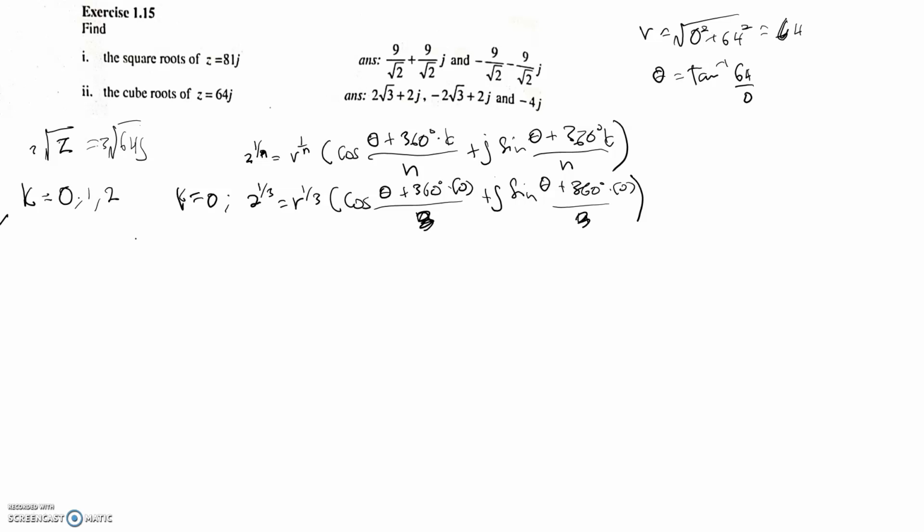But we can still figure out something: in our Argand diagram, the x is at 0, and the 64 will be along the y-axis. Basically, it is 90 degrees. Right, we know it is 90 degrees.